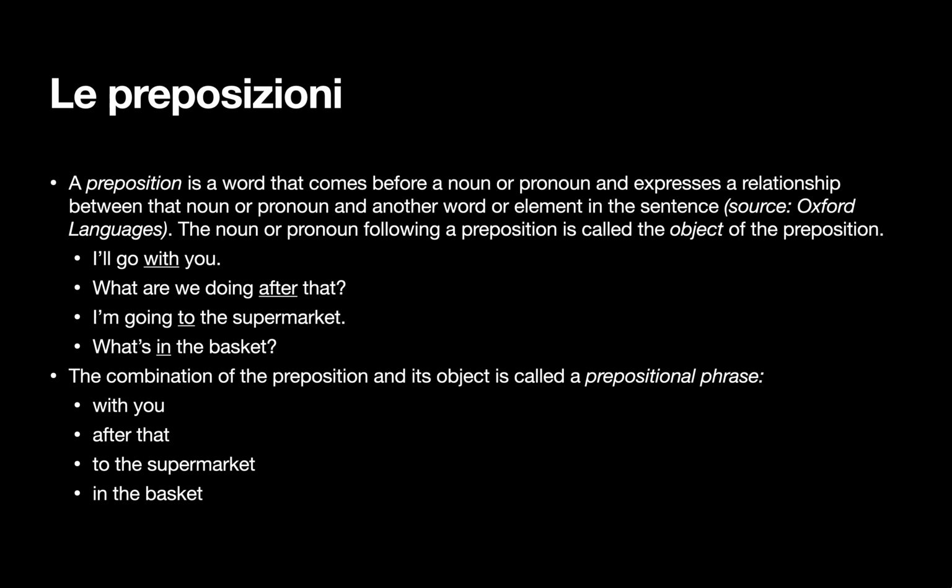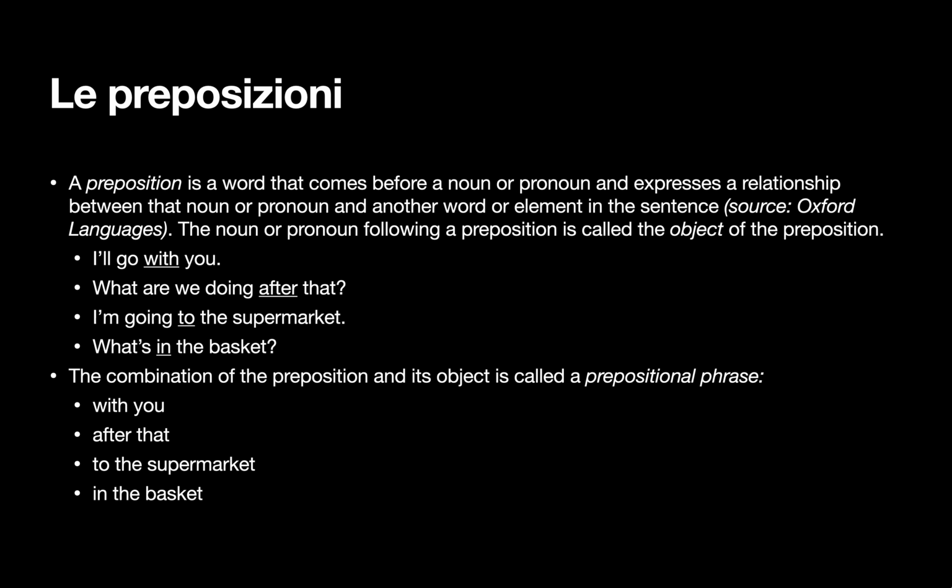The noun or pronoun that follows a preposition is called the object of that preposition. So "I'll go with you" is one example. In this case, with is the preposition and you is the object of the preposition. "What are we doing after that?" In this case, after is the preposition and that is the object.